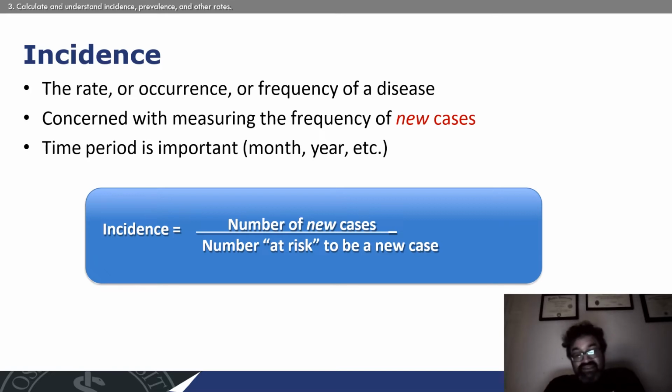So again, incidence is the frequency of new cases, and the time period, of course, you determine that. So the number of new cases over the number at risk of being a new case is incidence.